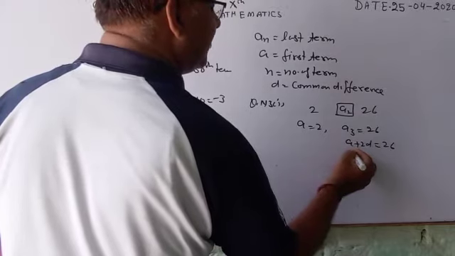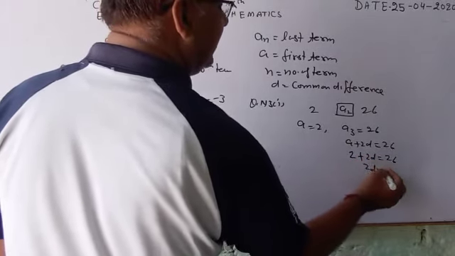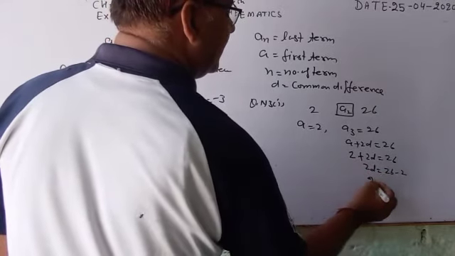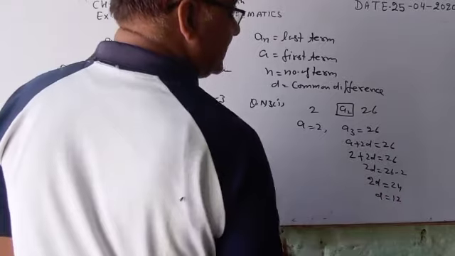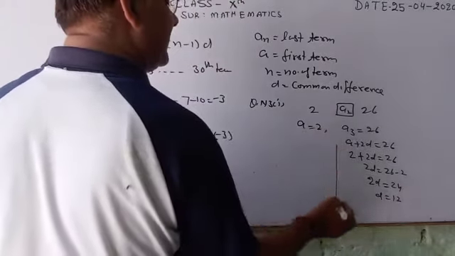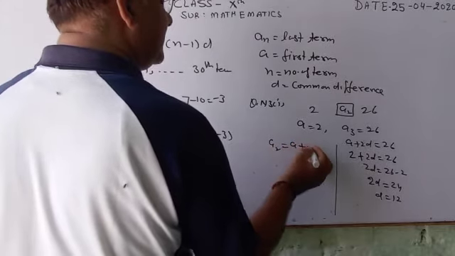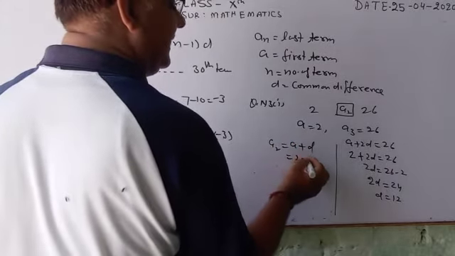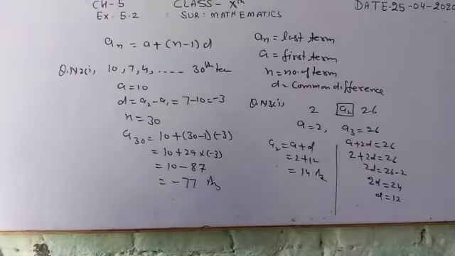Put the value of a: 2 plus 2d equal to 26, so 2d equal to 26 minus 2, 2d equal to 24, d equal to 12. So find a2. a2 means a plus d. a becomes 2 and d equal to 12, we get a2 equal to 14. We get the answer.